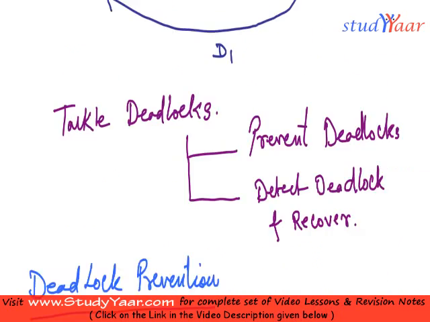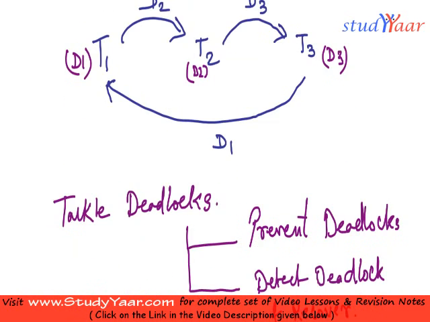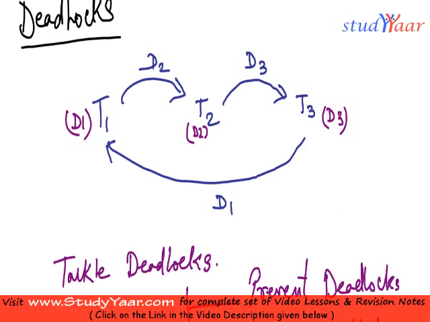Let's see how it does not allow a deadlock. Just realize T1 is holding a lock on D1 and it needs to lock D2. So T1 requires D1, D2. T2 is holding a lock on D2 and wants to lock D3.